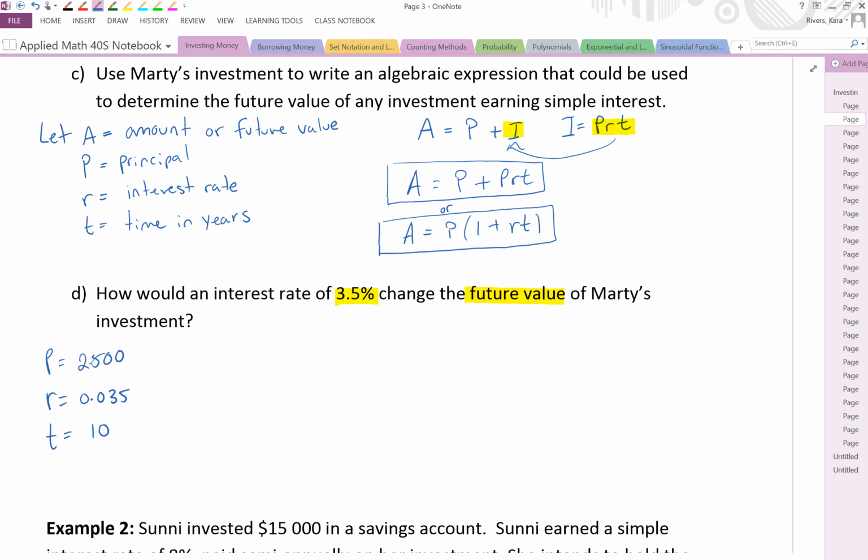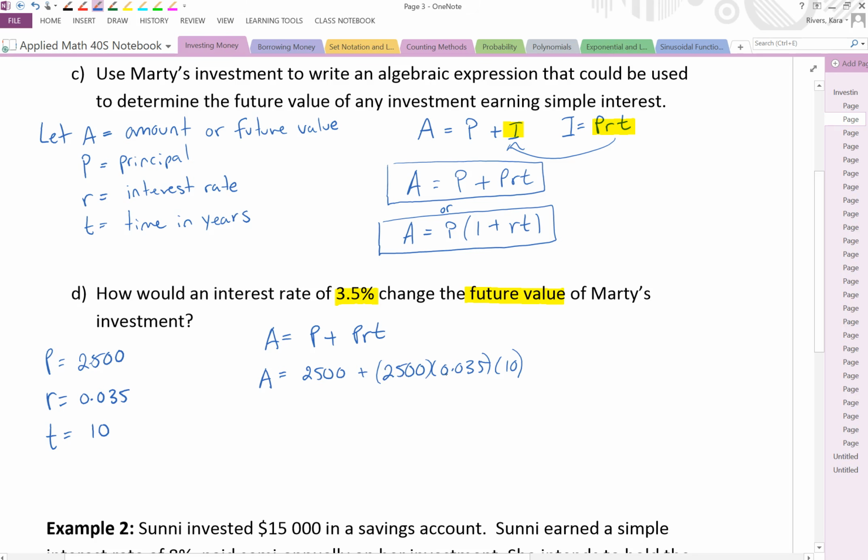So if I use the first version, A is equal to P plus PRT, that would be 2,500 plus 2,500 times 0.035 times 10. Now realize that in this version, you have to be wary of order of operations.